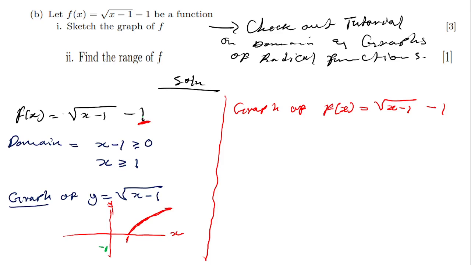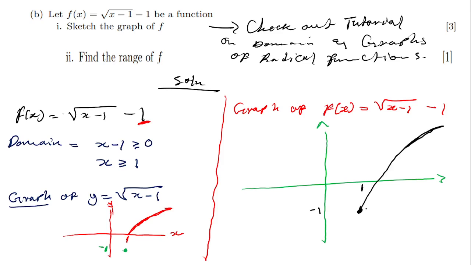So you are going to put -1 there, and you're also going to put a 1 there. So your graph is starting from here, and then it's going like that.